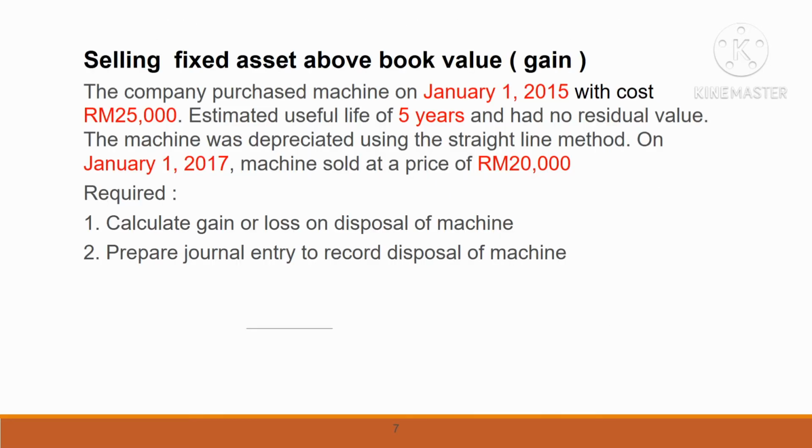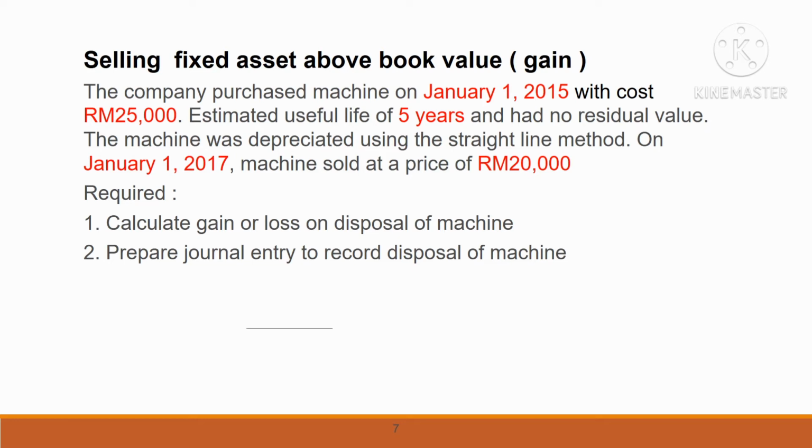Okay, look at the question. The company purchased a machine on 1st January 2015 with a cost of 25,000 ringgit Malaysia and the estimated useful life is 5 years and no residual value. And the machine was depreciated using the straight line method.